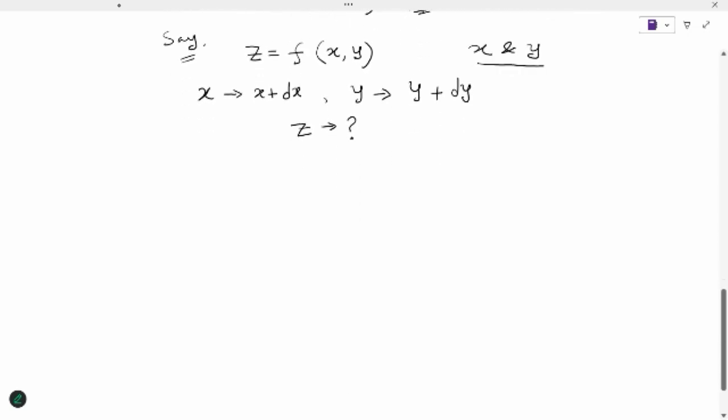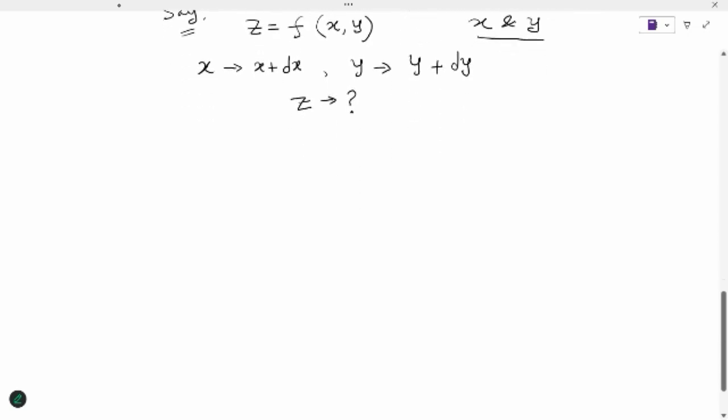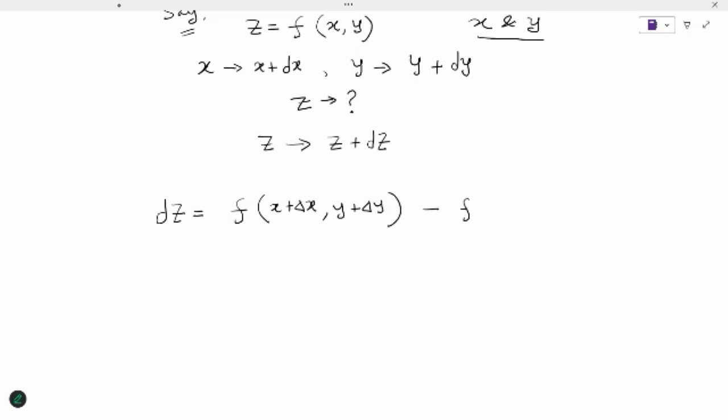We define that z goes to z plus dz. Now dz is nothing but f of x plus delta x comma y plus delta y minus f of x comma y.